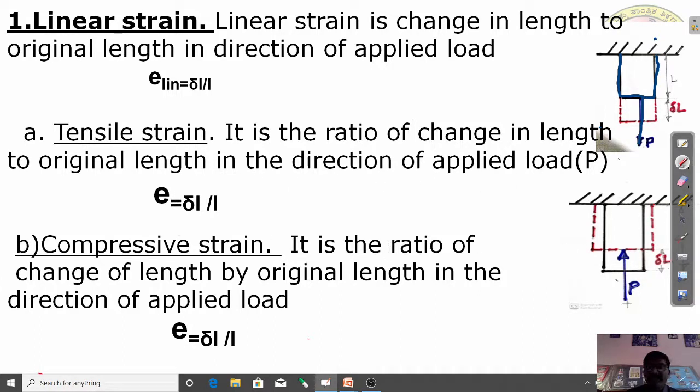Compressive strain is the ratio of change in length to original length in the direction of applied load, that is delta L by L. It is a unitless quantity because delta L and L are in the same units. What is linear strain?